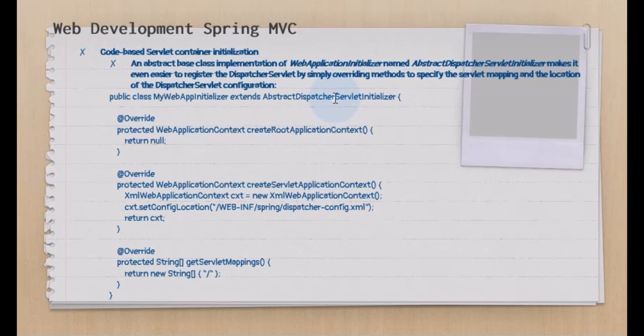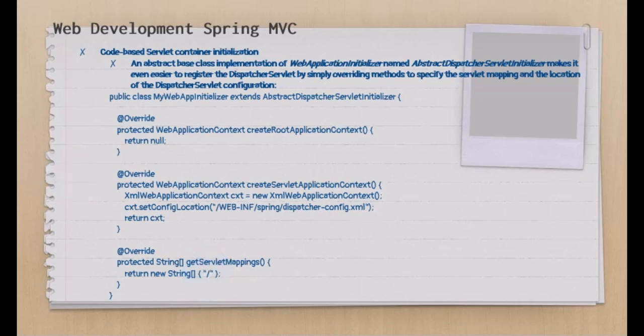So instead of implementing the interface ourselves, we just extend from it and override the methods. Here we are overriding createServletApplicationContext, where we are creating the application with the web application context and pointing it to the bean definition file. And in the getServletMappings method, we are providing the URL.